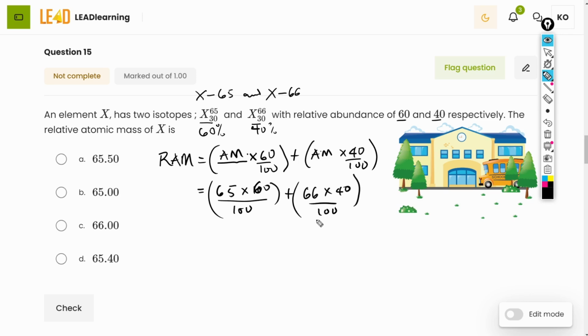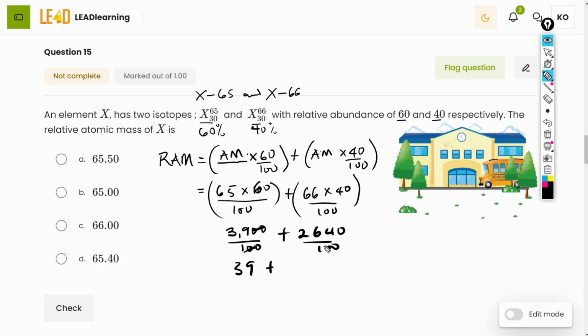Now, if we work this out, 65 times 60 is 3,900 divided by 100. That will give us 39, plus then 66 times 40 would give us 2,640 divided by 100.